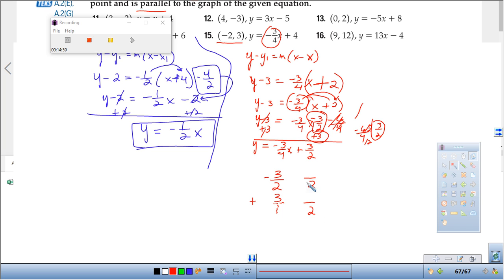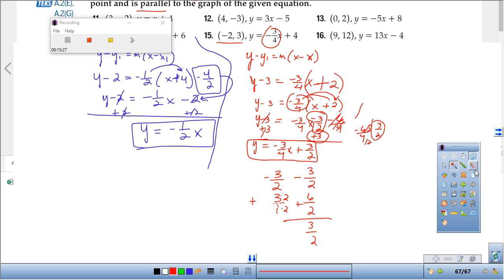This one right here is already a 2, so this top one stays the same. For this one down here, I multiplied this one times 2 and this one times 2, which now gives me 6 over 2. And remember, this is a positive down here, this is a negative. So when I'm adding fractions, I keep the same denominator, and now I do the top parts. This one says positive 6, negative 3, positive 3. And there it is.